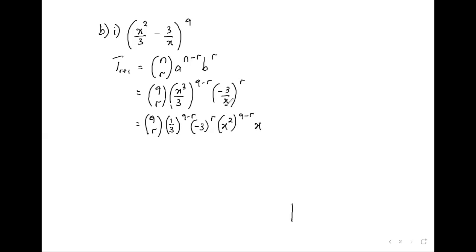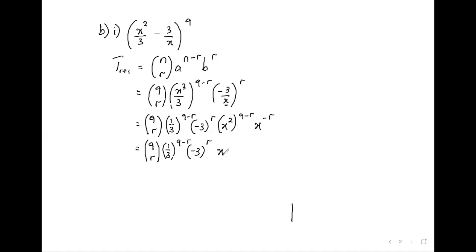And this x down, we'll write it as x to the power minus r. So we'll have 9Cr, then 1 over 3 to the power 9 minus r, minus 3 to the power r.